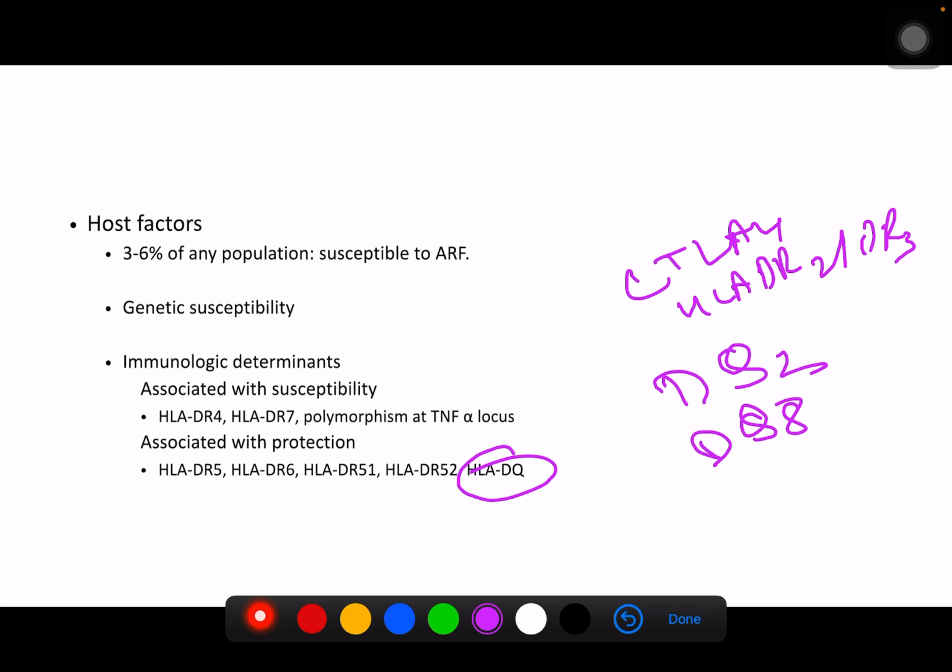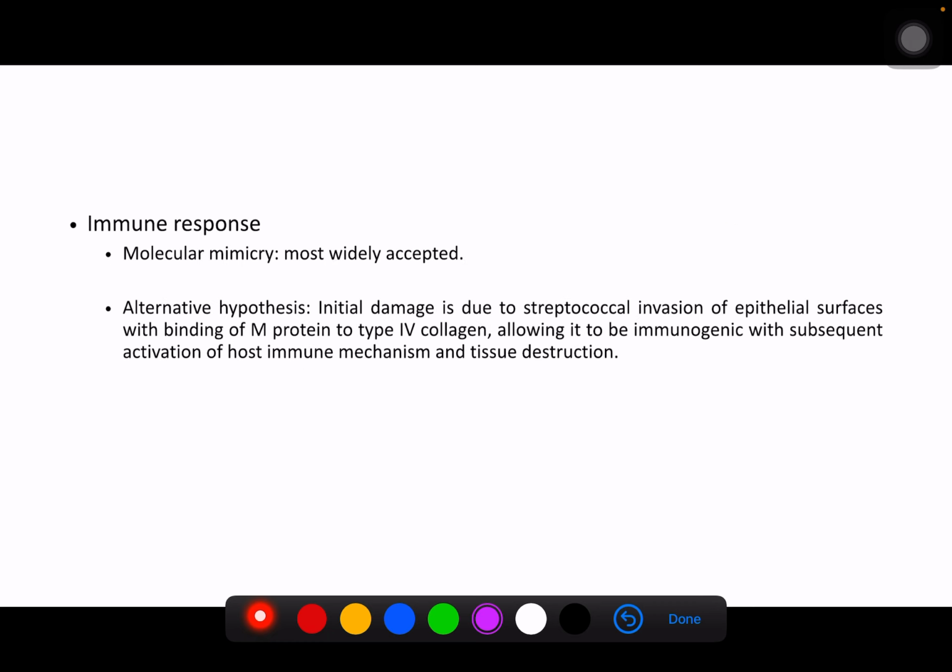These HLA genes are basically known as human leukocyte antigen. They are responsible for rejection and acceptance, and are associated with the MHC, the major histocompatibility complex. So any kind of genetic correlation with these components will lead to molecular mimicry and an autoimmune process. It's basically the molecular mimicry which you should understand.